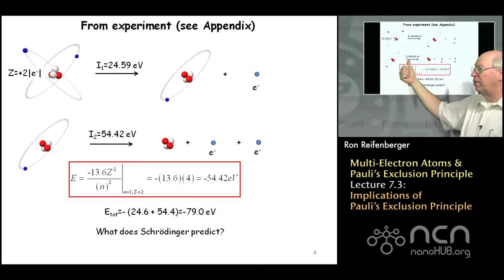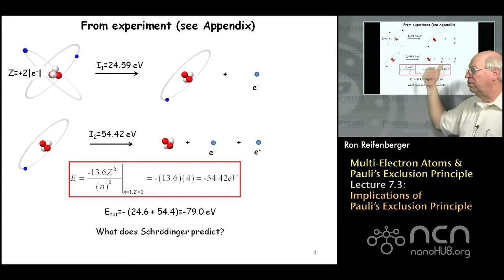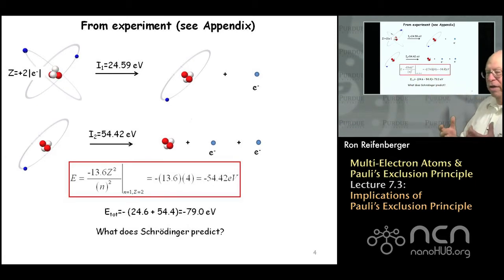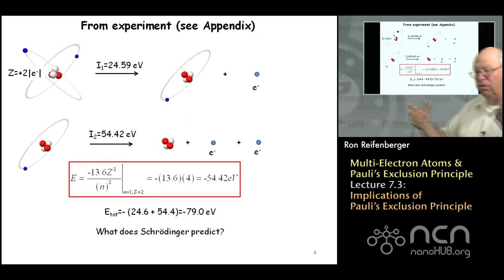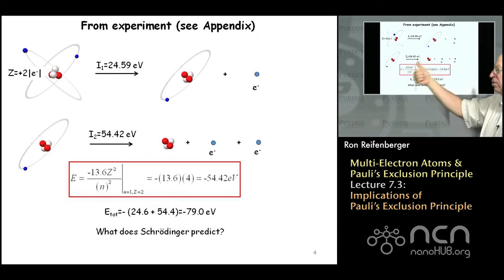Experimentally, it takes about 54.4 electron volts to remove that second electron. So the total energy that has to be put into a helium atom to remove both electrons and move both electrons to infinity is just the sum of 54.4 plus 24.6. It's about 79 electron volts.